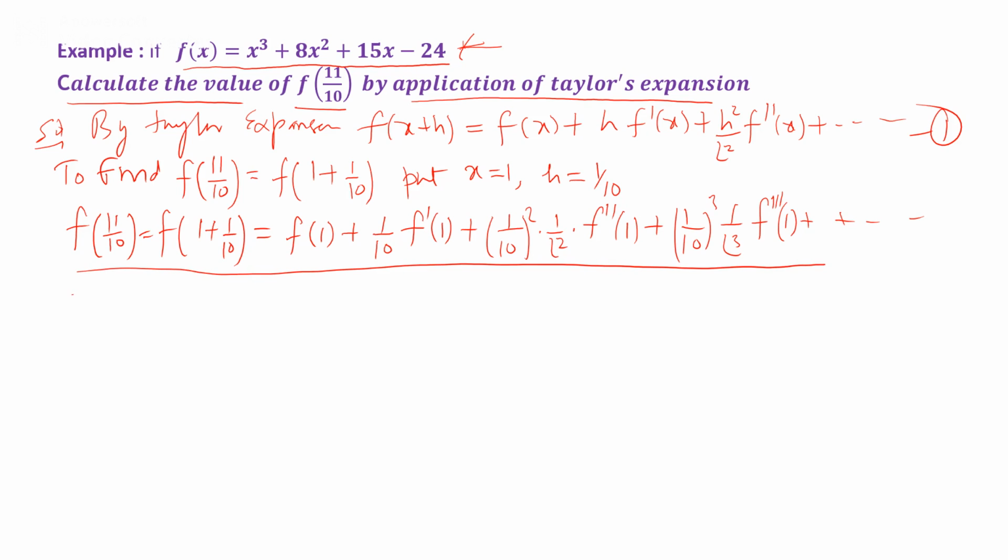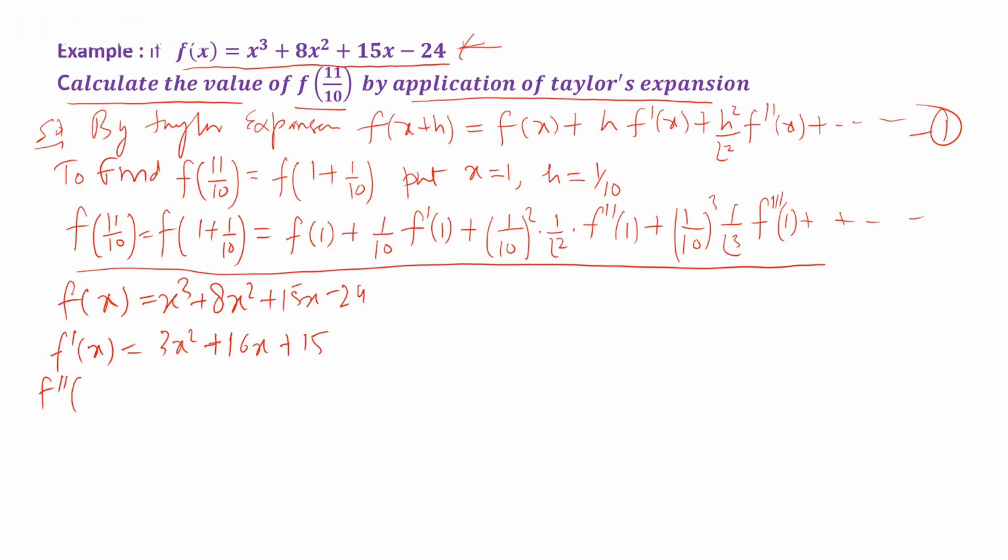Now find the derivatives. We have given the function x cube plus 8x square plus 15x minus 24. Take the first derivative: 3x square plus 16x plus 15. Now take the second derivative, we get 6x plus 16, the third derivative is 6 and the fourth is 0.